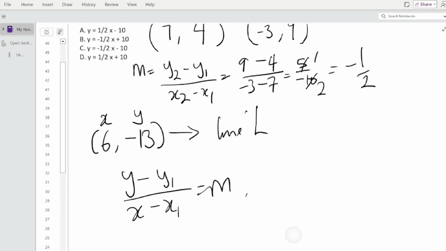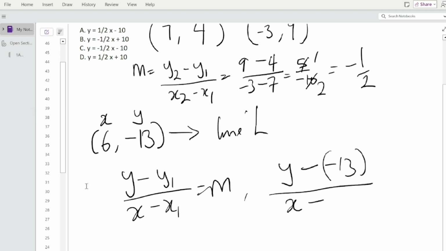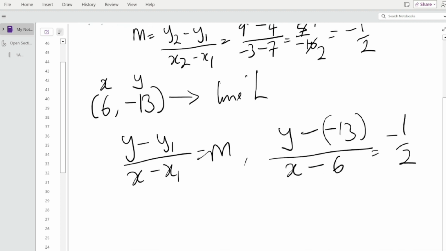So we say y minus our y1, which is -13. We have to be careful here. We have our minus already, then minus 13, because our y is -13. Then we'll have x minus our x1, which is 6, equals our gradient, which is -1 over 2.